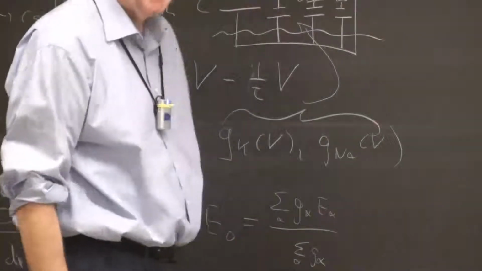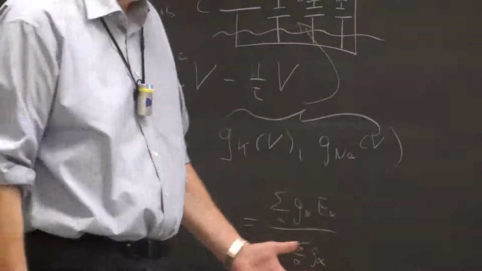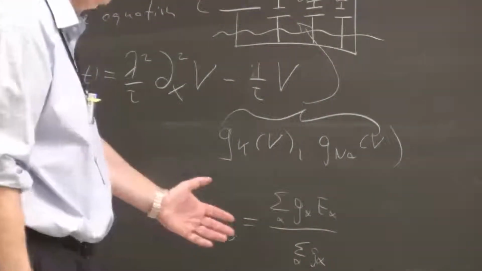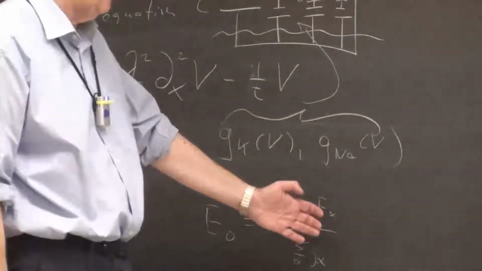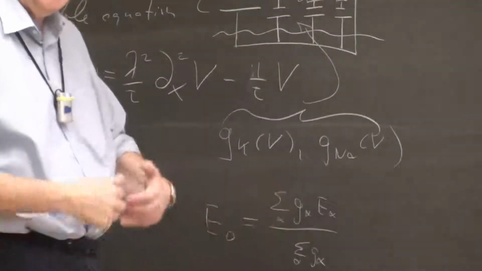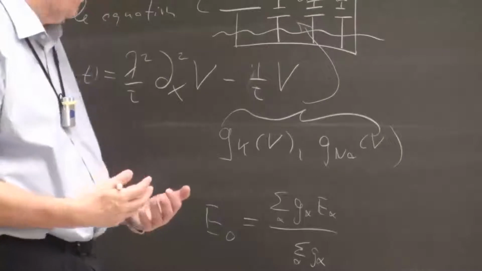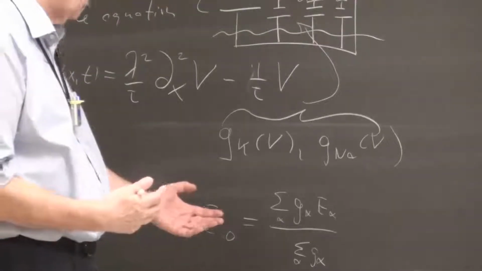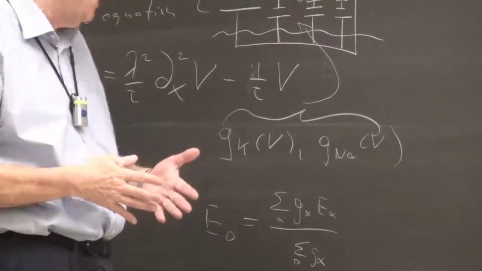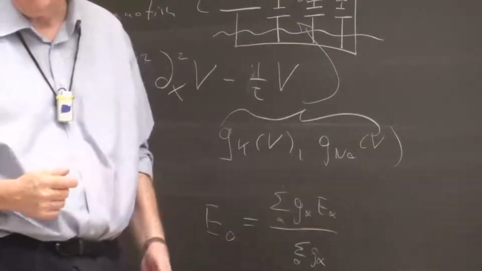And when you look at this expression, then you will recognize that if one particular conductivity is dominant, then E0 assumes that particular E alpha value.